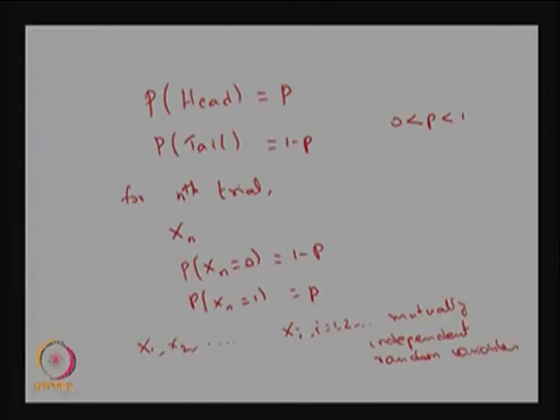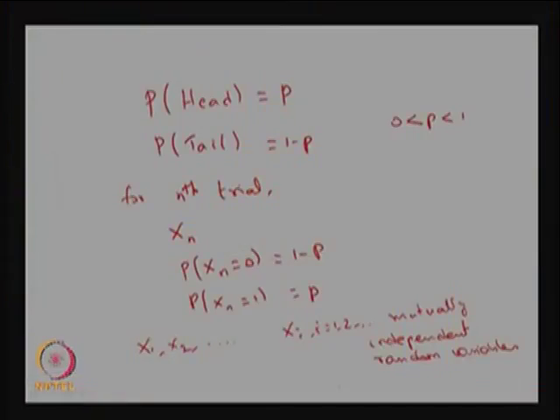So this is a random experiment in which you are tossing a coin infinitely many times, and for any nth trial you define the random variable Xn, which takes the value 0 with probability 1 minus p, and takes the value 1 with probability p, equivalent to a head appearing with probability p and a tail occurring with probability 1 minus p.